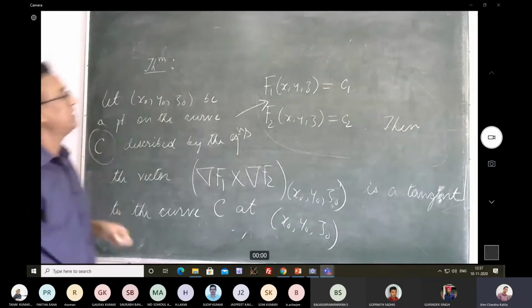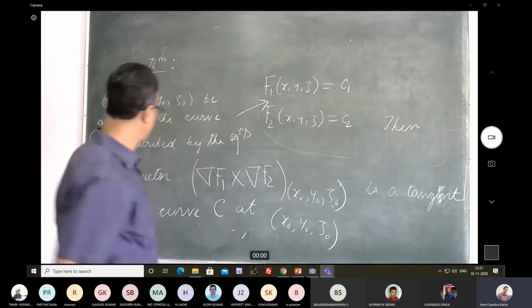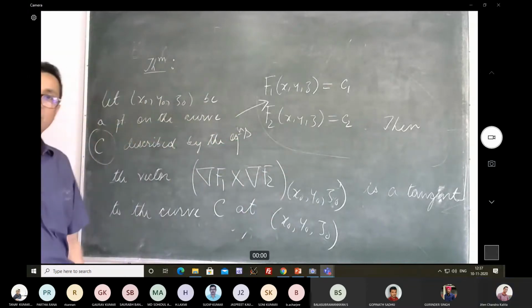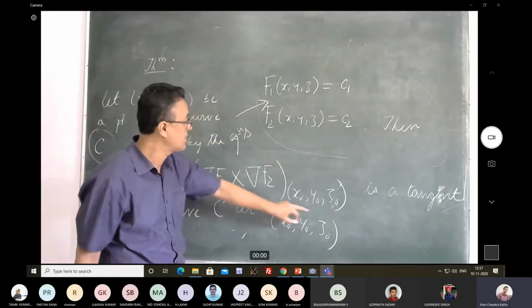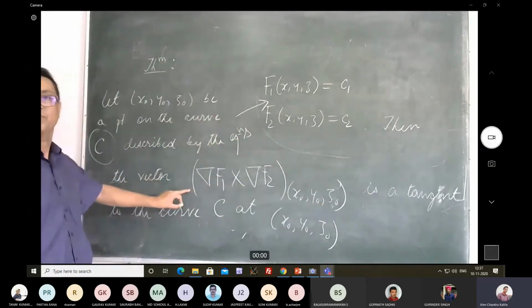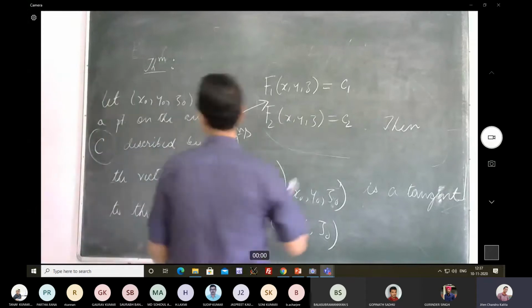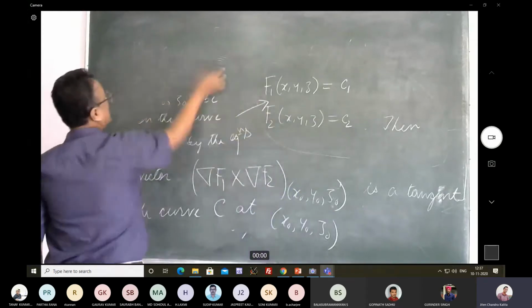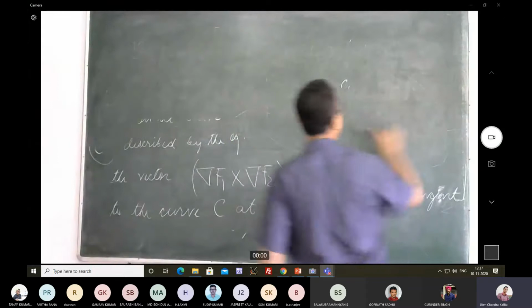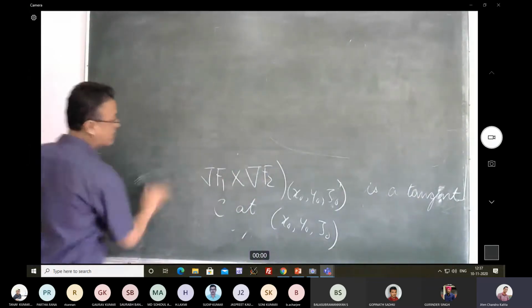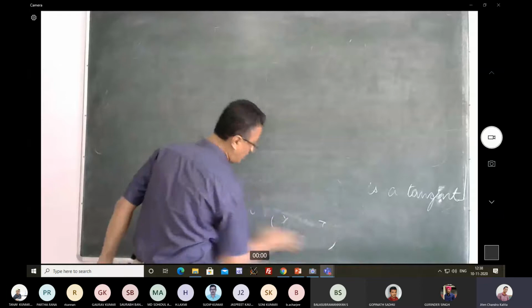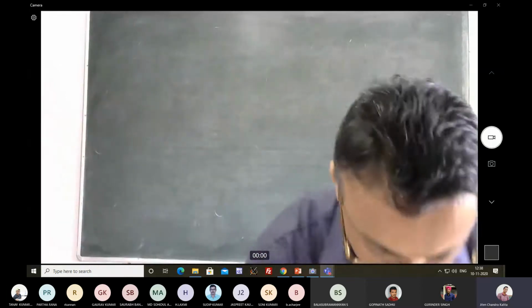And we are claiming that a tangent vector to the curve at this point is given simply by this expression. That's it. So let us try to prove it. Again, I am going to summarize all this. You don't need to worry about it. I'll do a quick summary of what I have done.